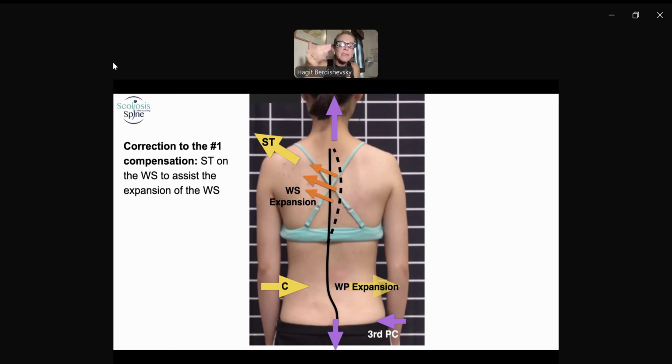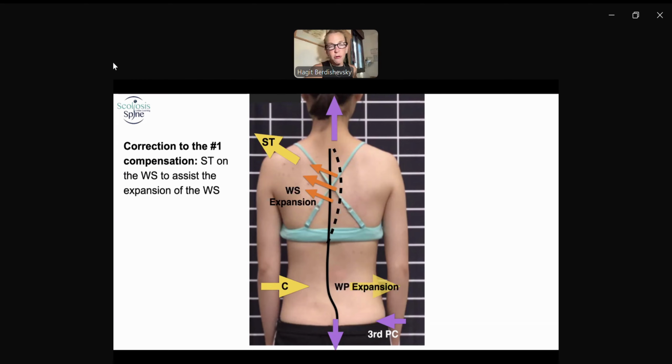So I need some assistant, and it's very easy with the shoulder traction to return the thoracic towards the center. The muscles also, this latissimus dorsi, will expand the ribs, and it's attached to the arm, so it's really pulling the spine to the left.